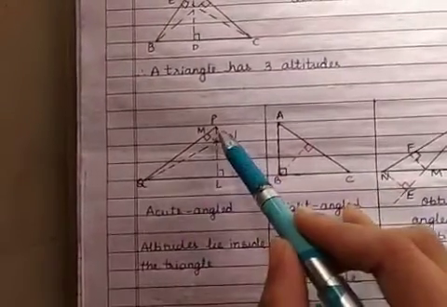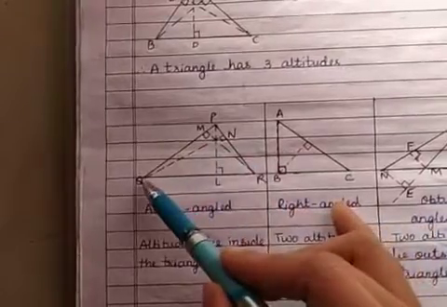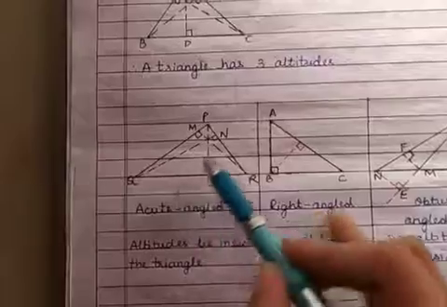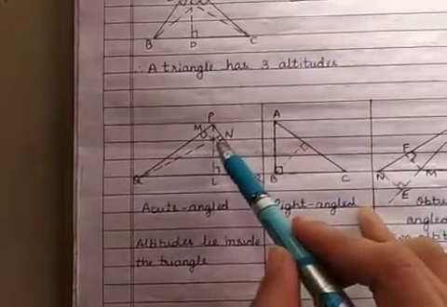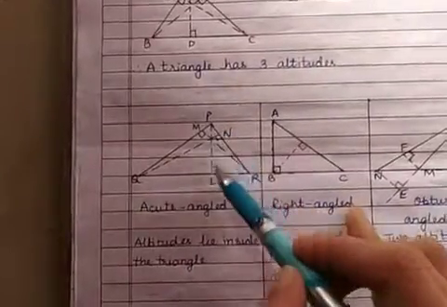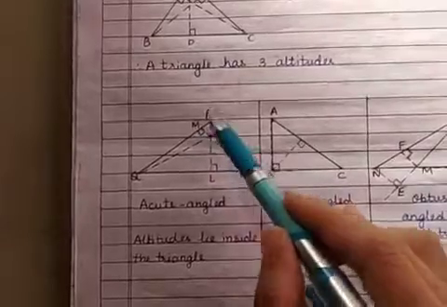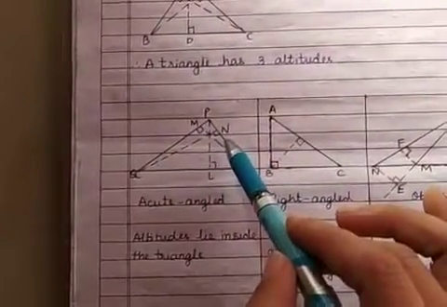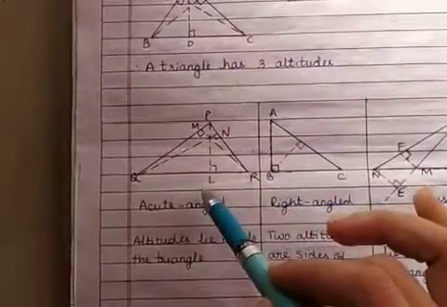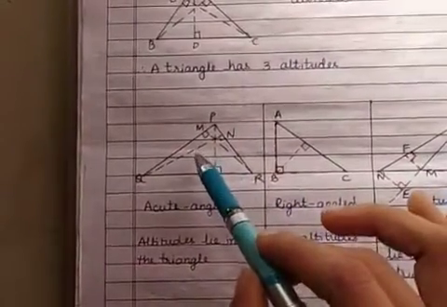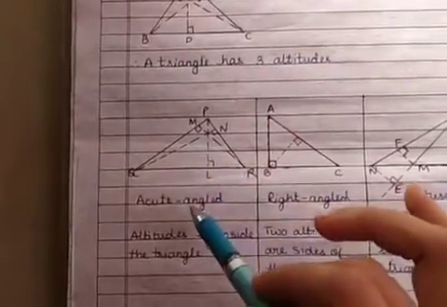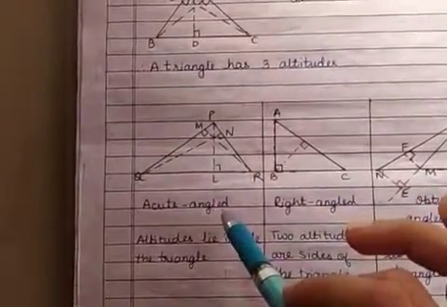One is from point P, the other one is from point Q, and the third one from point R. All three altitudes, that is QN, PL and RM, if you see, lie inside the triangle.